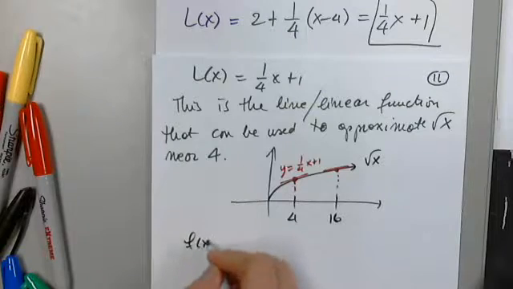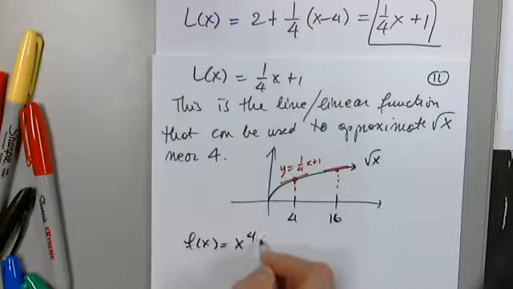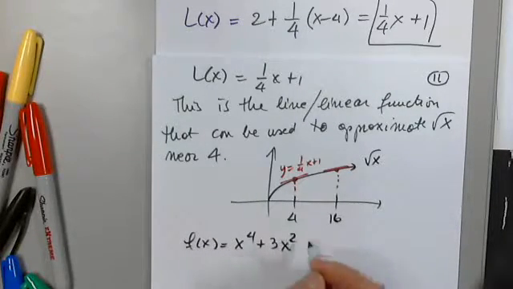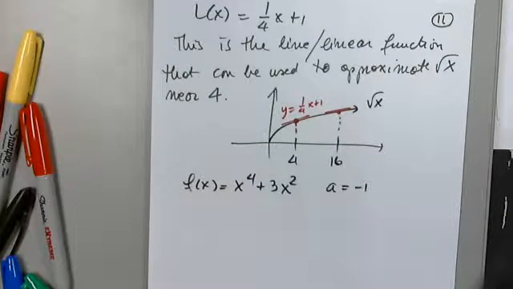f of x equals x to the 4th plus 3x squared, for a equals -1. We're asked to find the linear equation, or the linearization, of f of x near -1. How do I start?